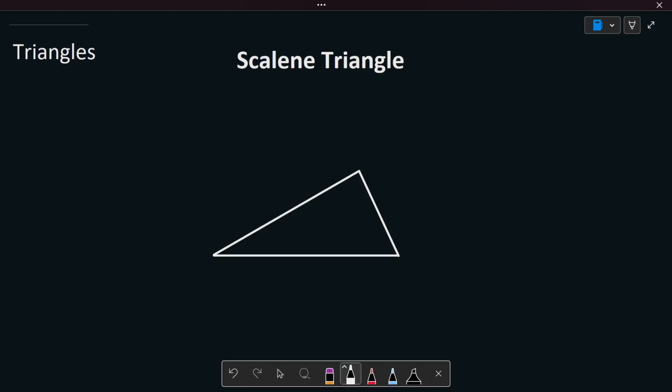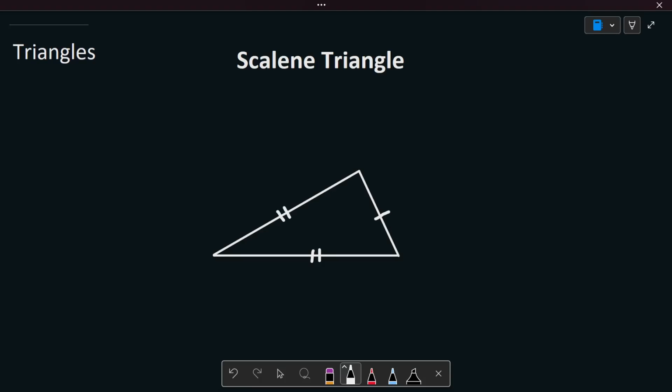An isosceles triangle is when only two sides are equal and two angles are also equal. Now, what can you imagine a scalene is going to be? It's going to be everything but the ones we just went through. So therefore, every single side, this side is not going to be the same as this side. And this side over here is also not going to be the same as this side.